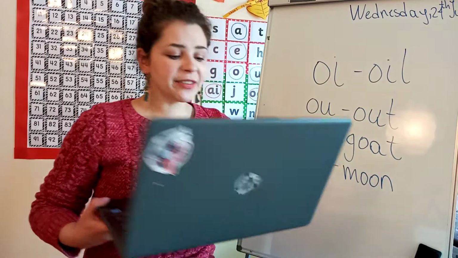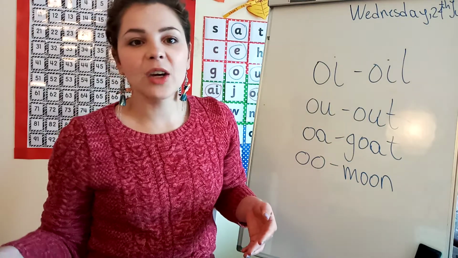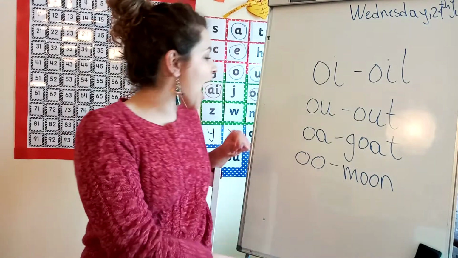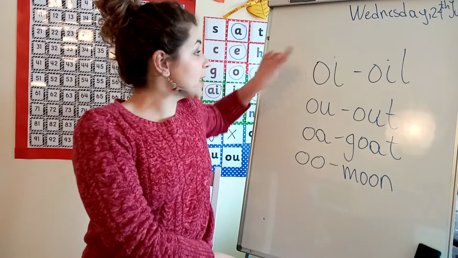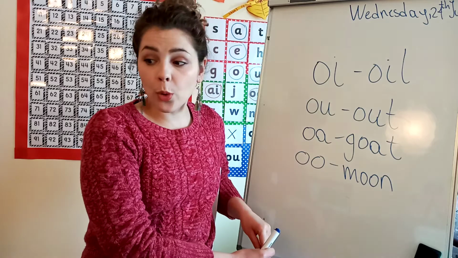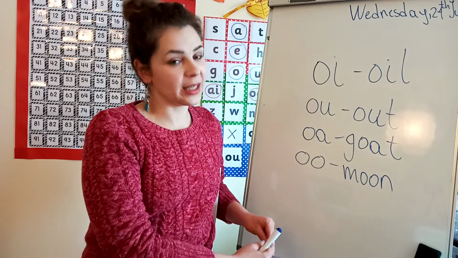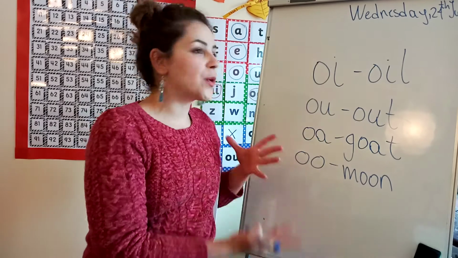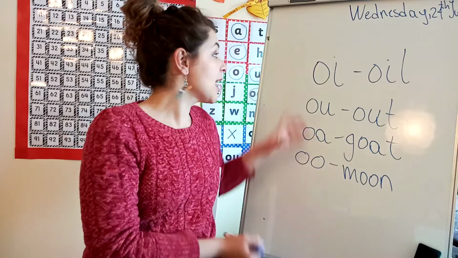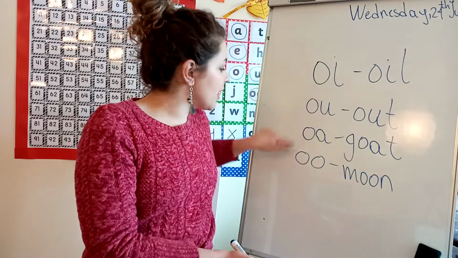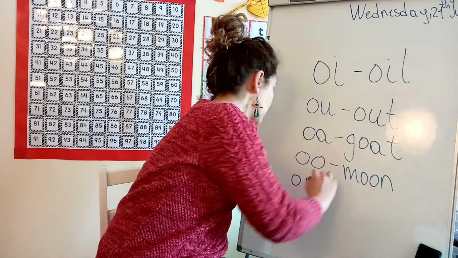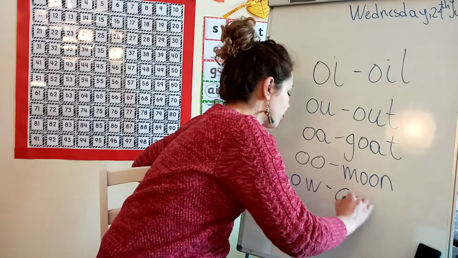So guys, as I've said, we've done quite a few sounds so far which are digraphs written with the letter O. I think it's important to practice this a little bit, so we can see if we can figure out the difference when we see a word with one of these, or I'm also going to add this, as in cow.